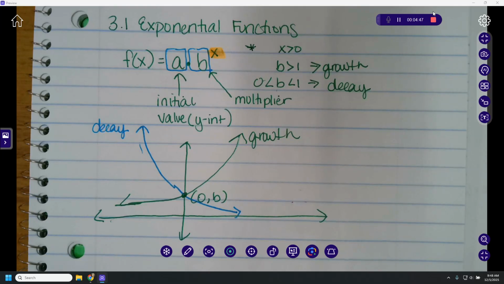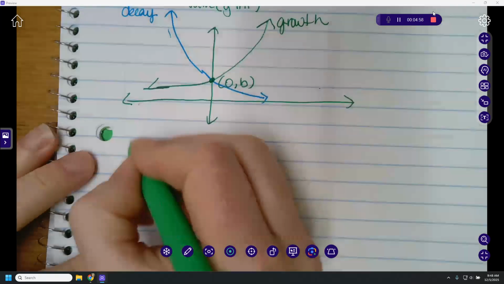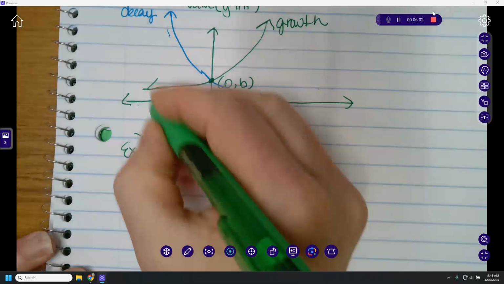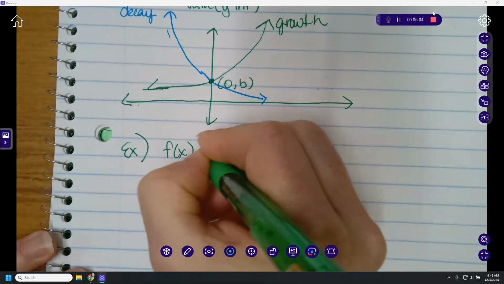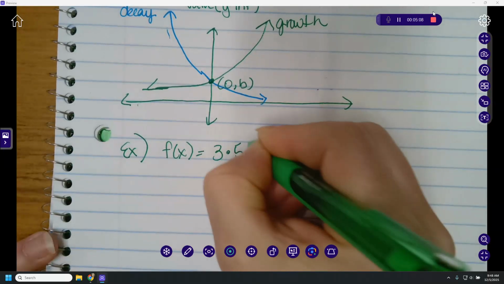All right, so first of all, I want to make sure we know how to evaluate some, and then let's do some sketching of graphs. Suppose I gave you the function f of x equals 3 times 5 to the x.